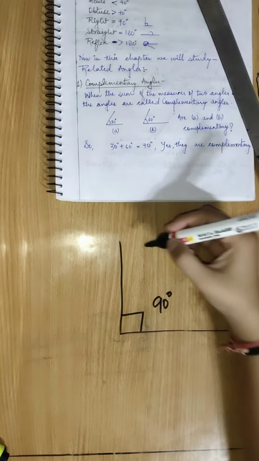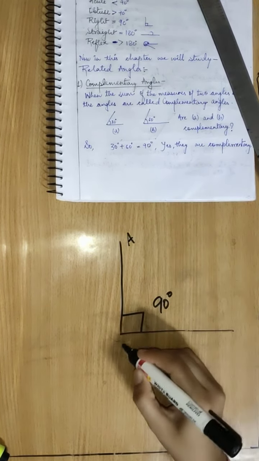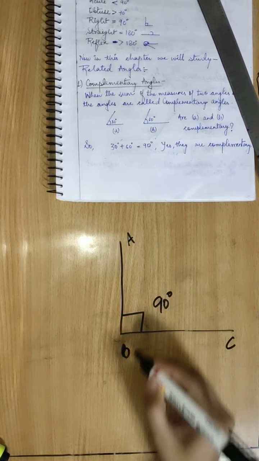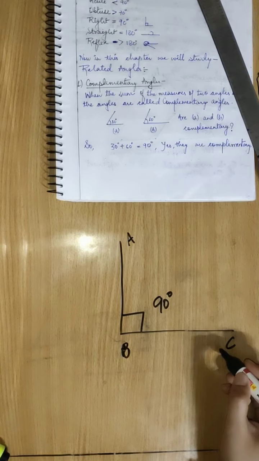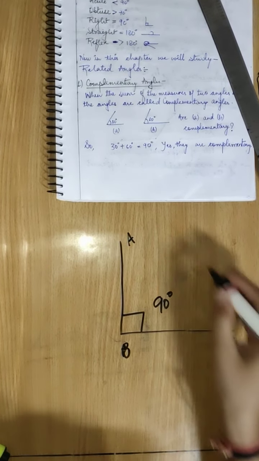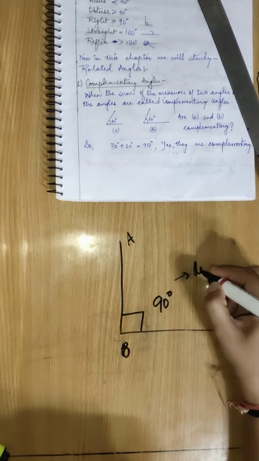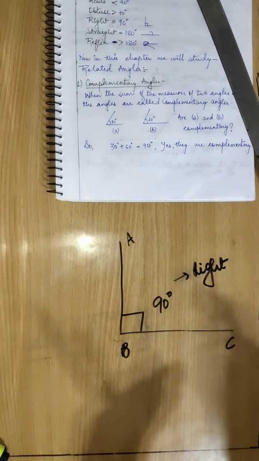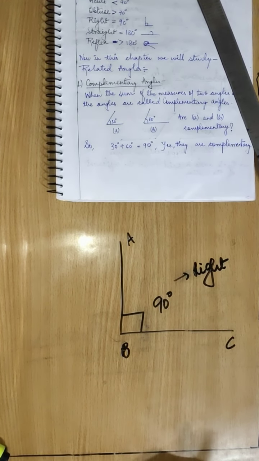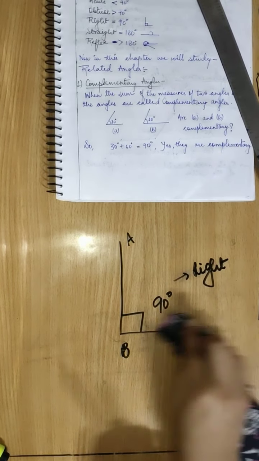We can say here A, B and C, so AB is perpendicular to BC. So this is a right angle. So we have seen what are acute angles, obtuse angles and right angles.